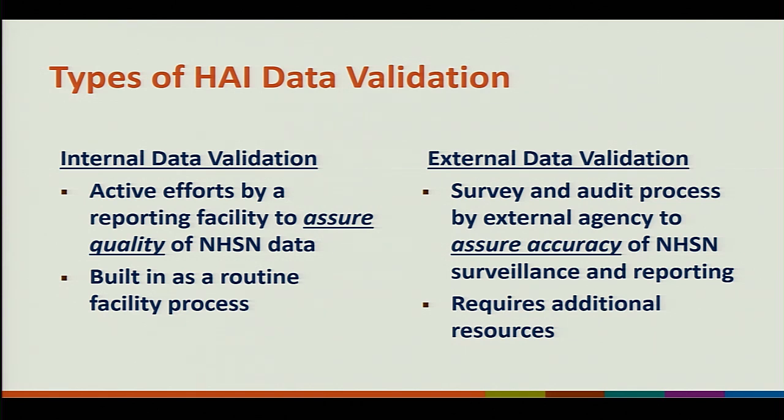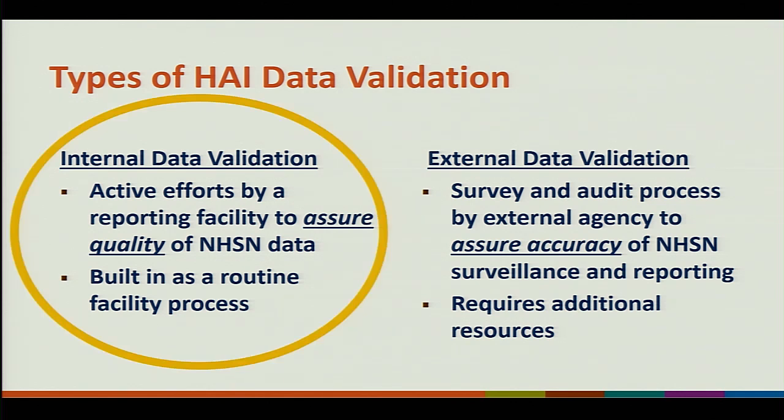Internal data validation is generally built in as a routine process at the individual facility level. External validation involves medical chart reviews conducted by an external agency, such as the State Health Department or CMS. This process is more resource intensive and is intended to assess the accuracy of HAI data that's been reported to NHSN. Today, we're going to focus on internal data validation.